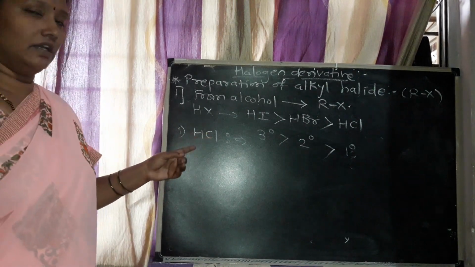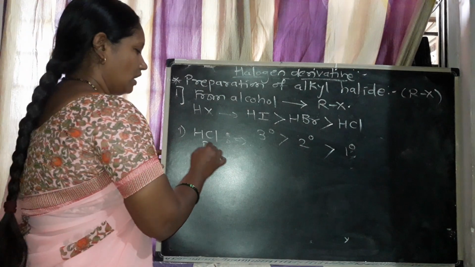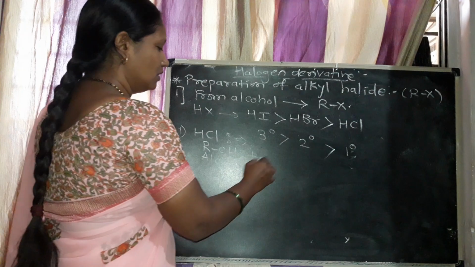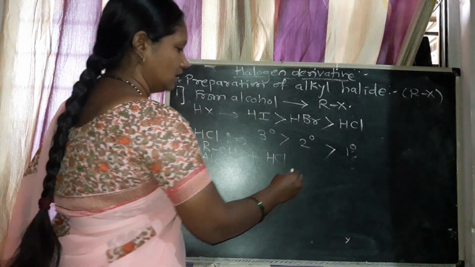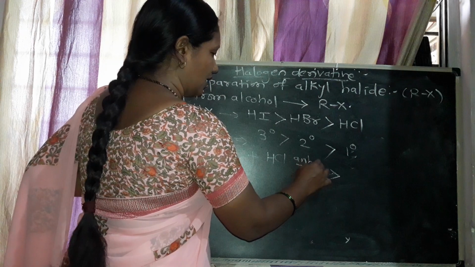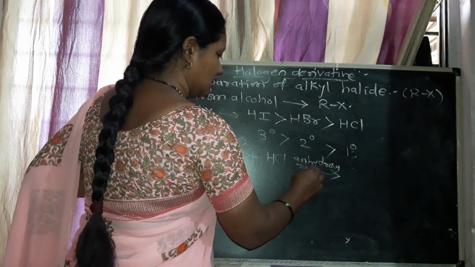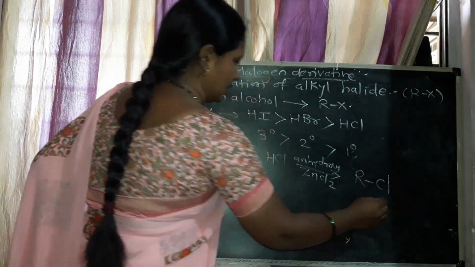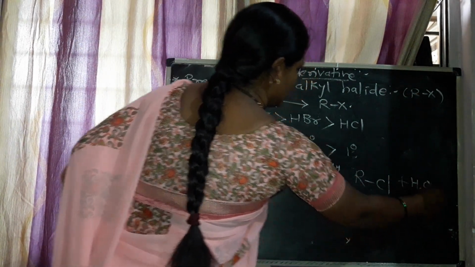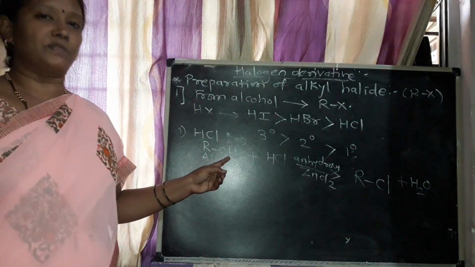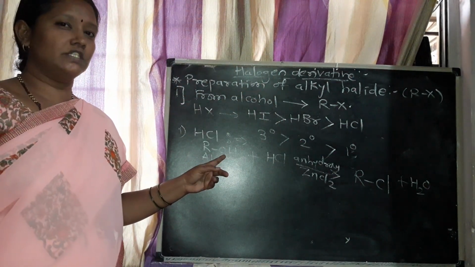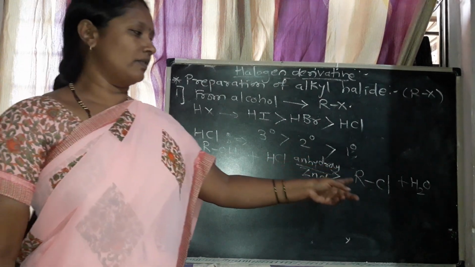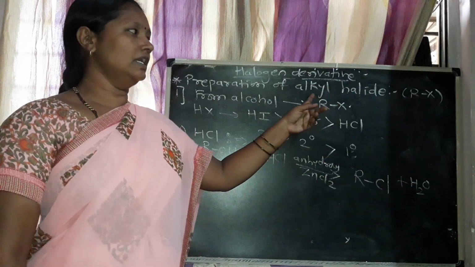Here the general reaction: ROH, the alcohol, when reacted with HCl in the presence of anhydrous ZnCl2, gives RCl plus H2O. This is a substitution reaction in which the OH group is substituted by the chlorine atom. Here is the formation of RCl, alkyl halide.